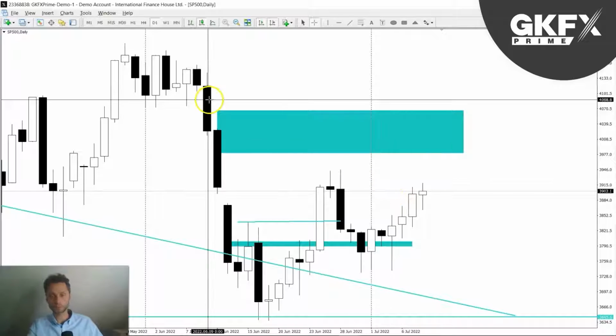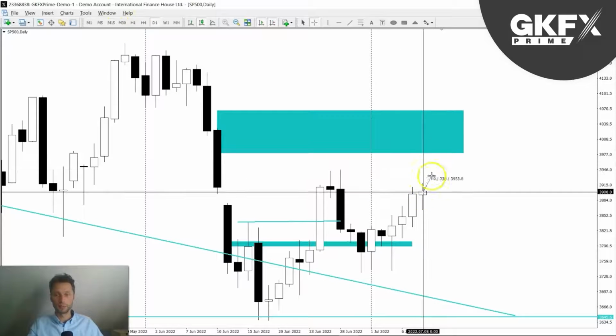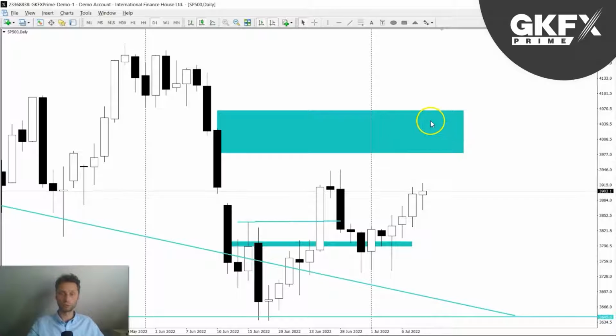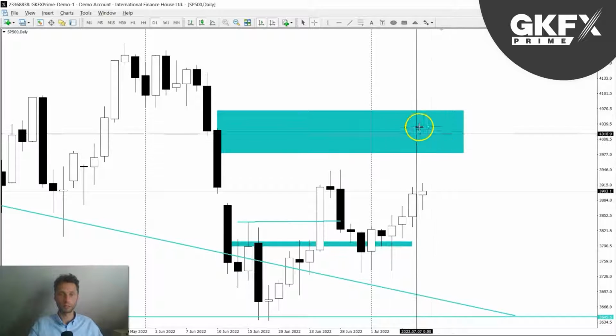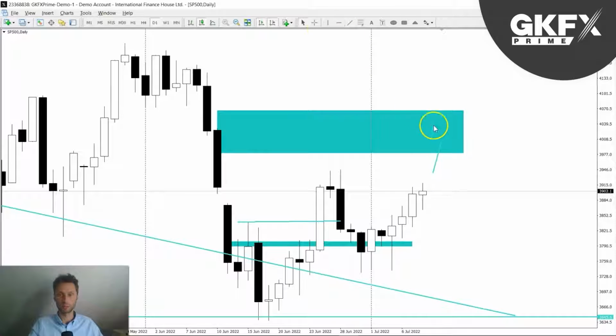So let's see if this move up continues, and any possible reversal, any price action, any patterns here where the market makes a nice big bearish candle to the downside after stalling and reversing here. So it could be something like this as a possibility.